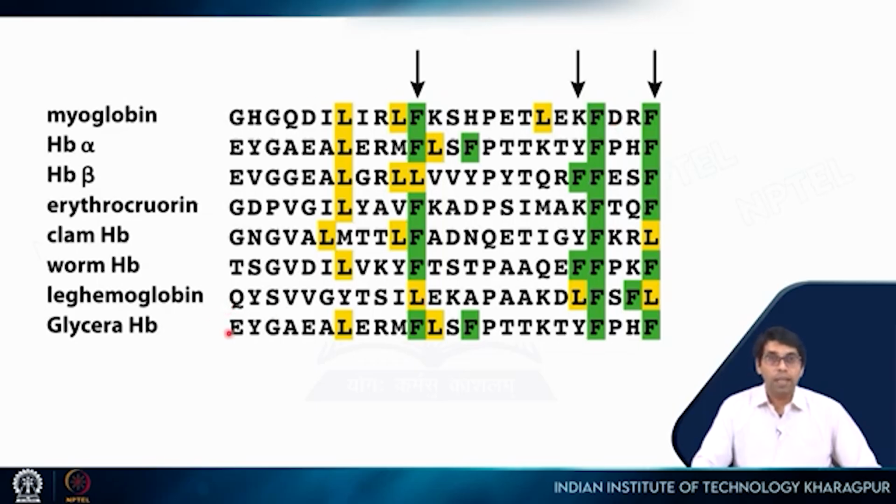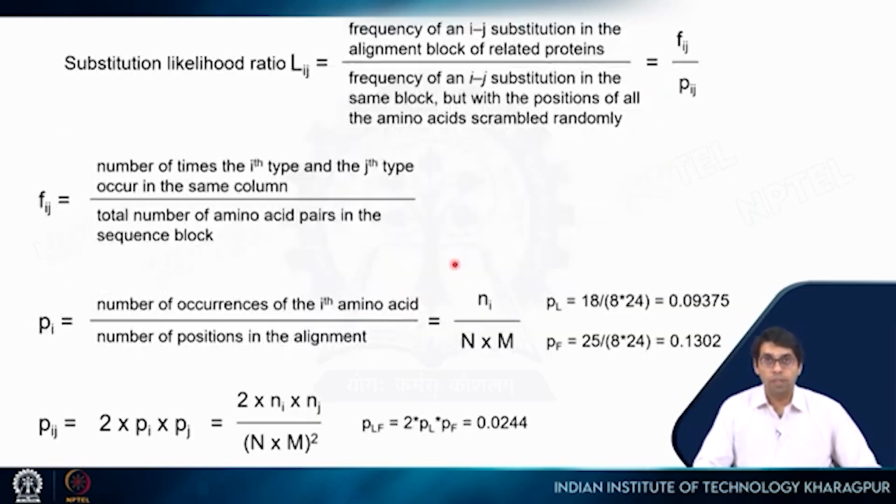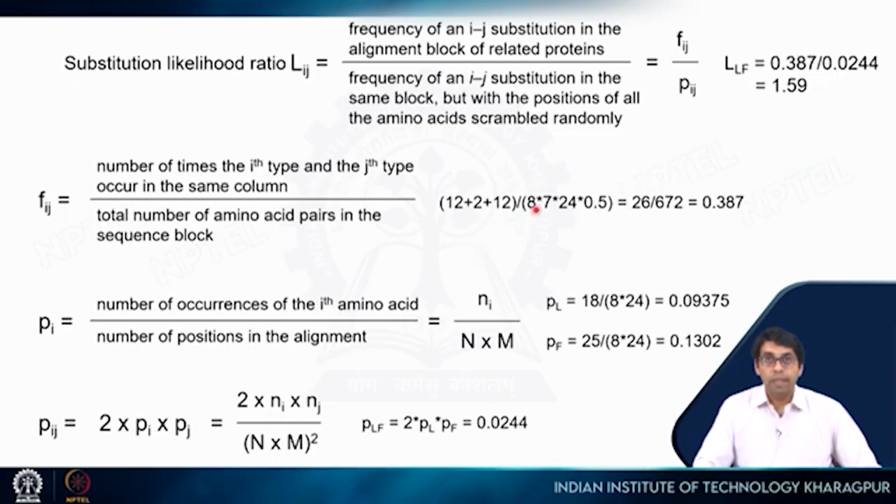Now, I can calculate this QE and EQ, but they are the exact same pair. So, I am counting them twice. So, I have to divide it by 2, and that is exactly what is done here. 8 times 7, that is 56. So, that is the number of pairs in each column, and you divide it by 2, and then you multiply by the total number of columns. So, that becomes 672. So, 26 by 672, that is 0.387.